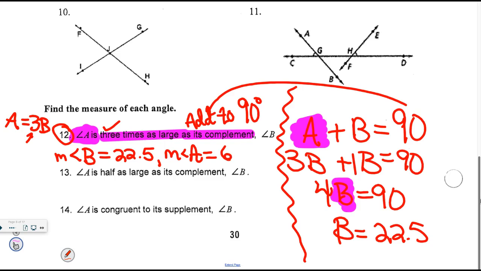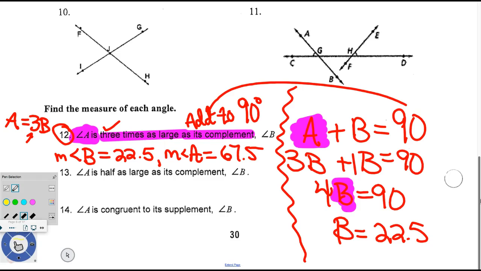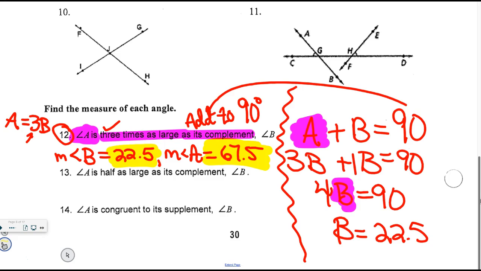Now watch this, Matt. On your calculator, if we did this right, which I know we did because we were really slow and careful, but remember, they're complementary, which means these two numbers on Matt's calculator better add up to 90 degrees, right? Go do it on your calculator, Matt.